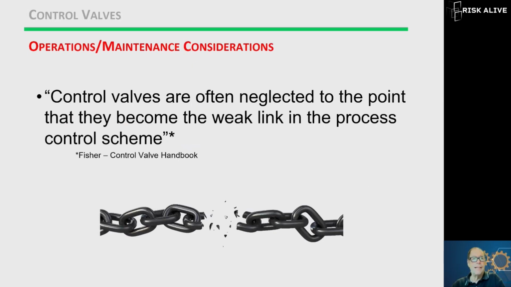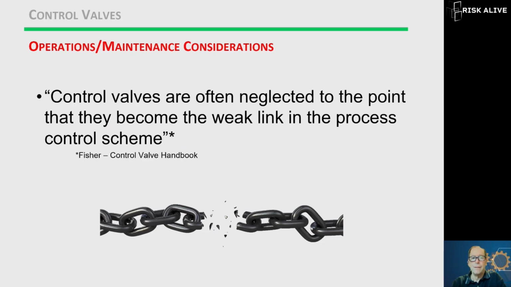And then we get into things like control valves. Now, a lot of people think they're kind of a mechanical thing, not a big deal, right? But what happens sometimes is we focus on our control system. We've spent $1 million and we've got this very sophisticated control system with all sorts of wonderful software and graphical user interfaces and applications and AI and dynamic matrix control and all sorts of things, right?